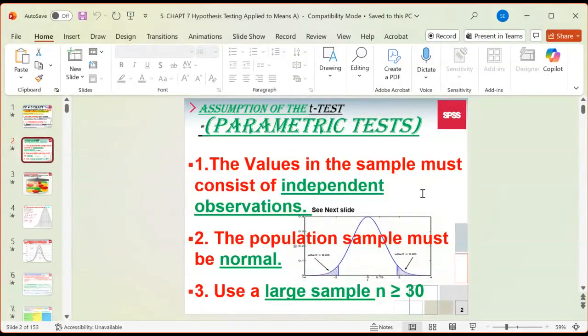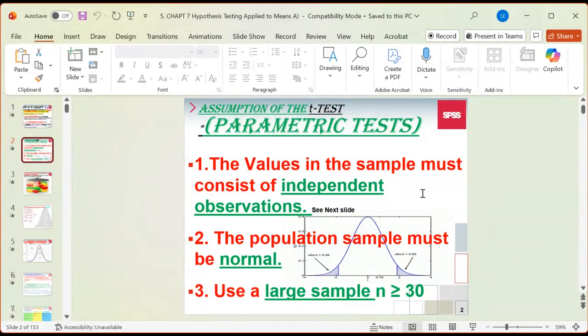Every test statistic that we're going to cover, or we covered, or we will continue to cover, like all these t-tests, ANOVA, ANCOVA, MANOVA, MANCOVA, correlation, regressions, and beyond, they all are under the umbrella of parametric tests. When we use these tests, we have to go by certain assumptions.